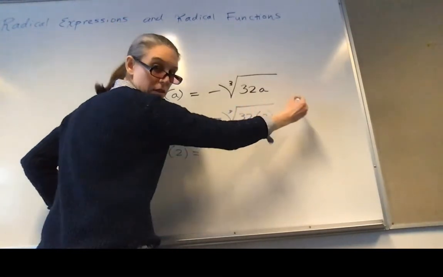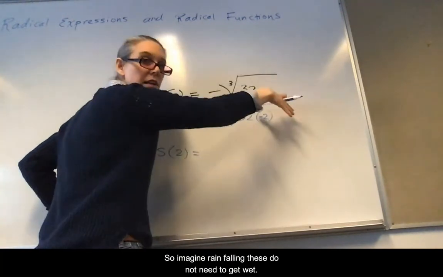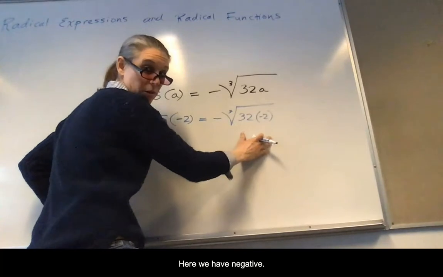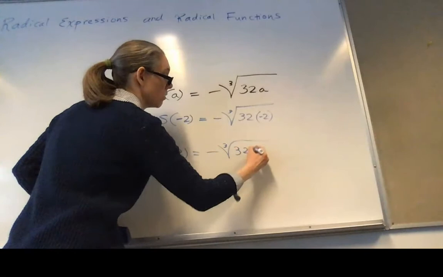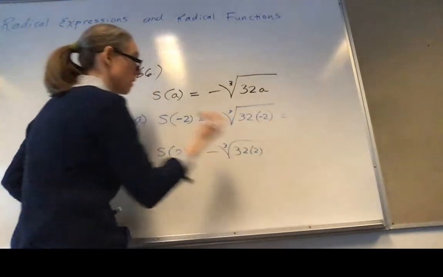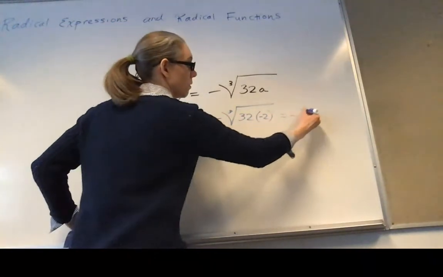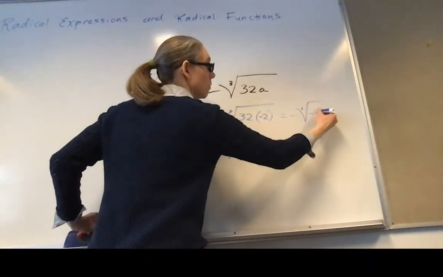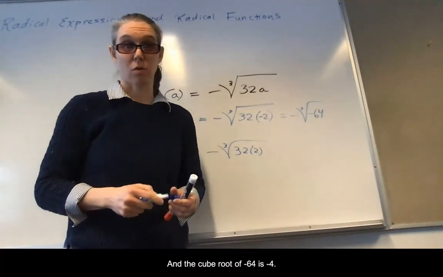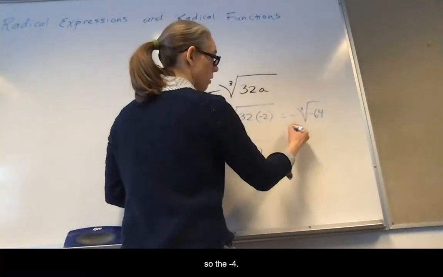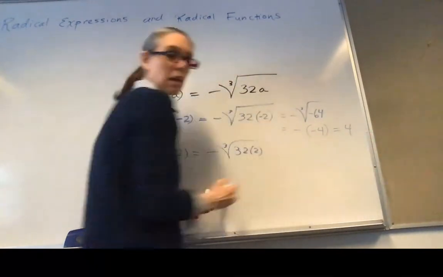Notice the radical continues, it covers everything. So imagine rain falling. These do not need to get wet. And then here we have negative cube root of 32 times negative 2. So this ends up being the cube root of negative 64. And the cube root of negative 64 is negative 4. So the negative 4 has this negative now out in front of it, and you can get 4.